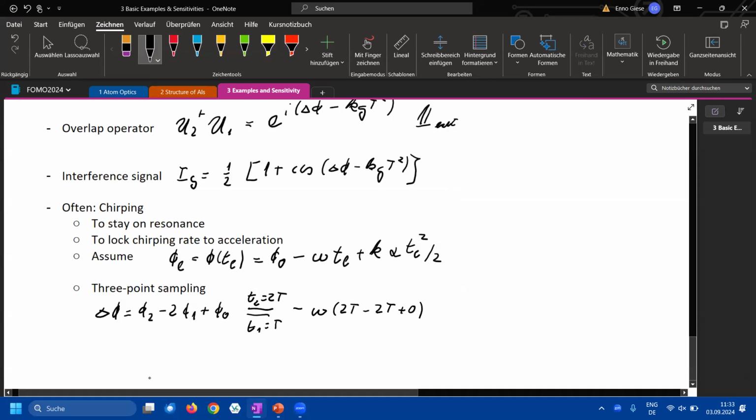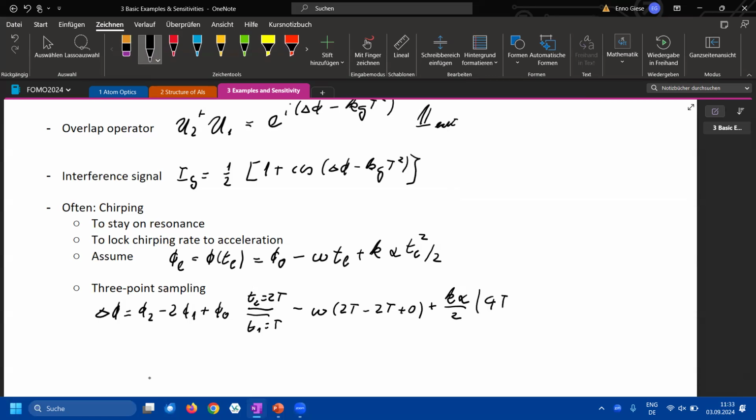What's remaining is plus K alpha over 2 times 4 T squared minus 2 T squared plus 0 squared, so this vanishes. And all of that is just 2 times T squared, so we have K alpha T squared.